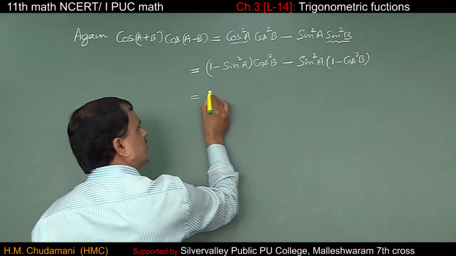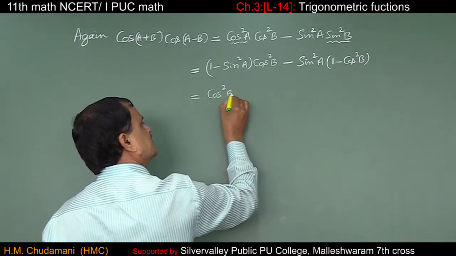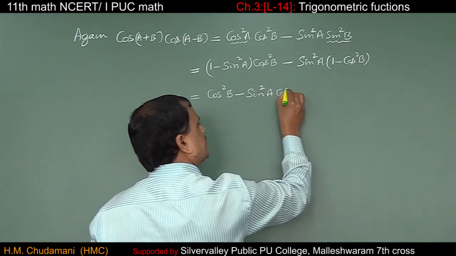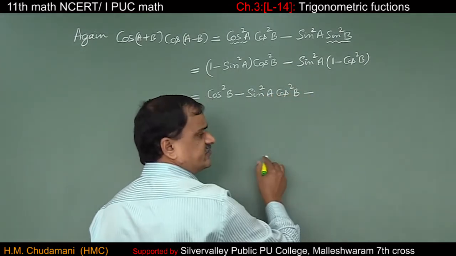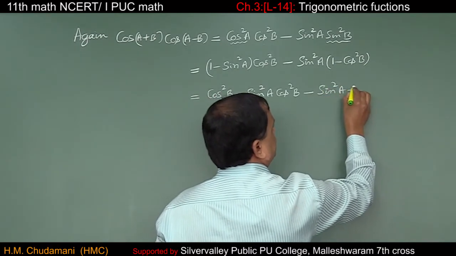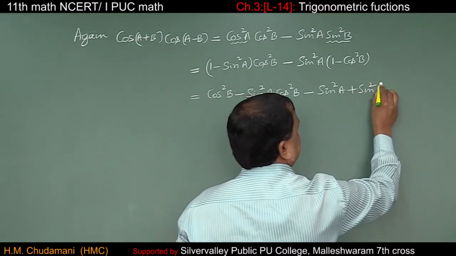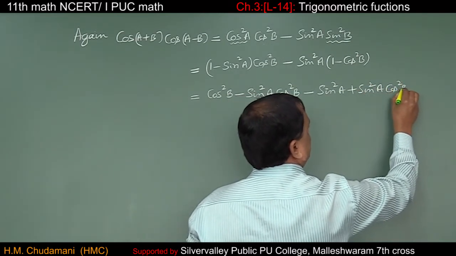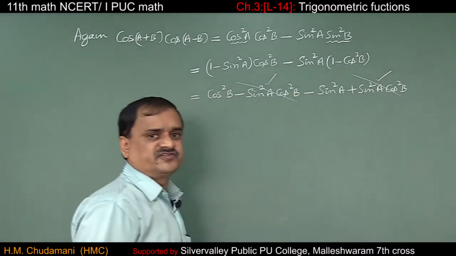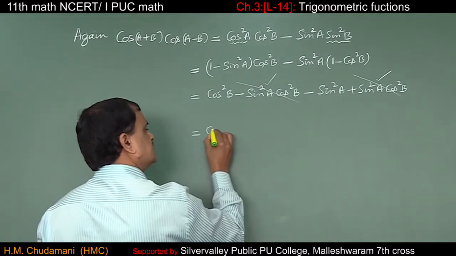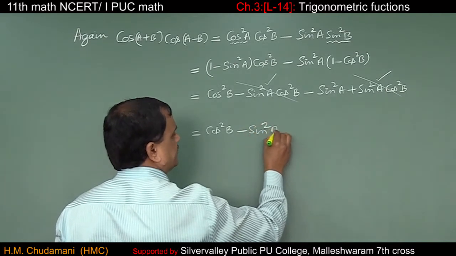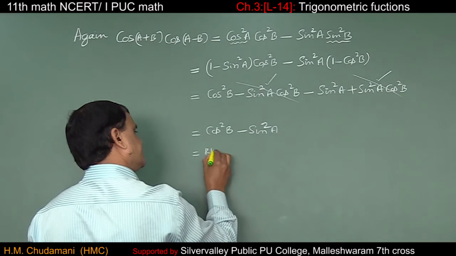Now multiply 1 into cos square b, minus sin square a into cos square b, minus sin square a into 1, sin square a, minus of minus plus sin square a into cos square b. This is positive, this is negative, gets cancelled. So we are left with cos square b minus sin square a. So that is the RHS.